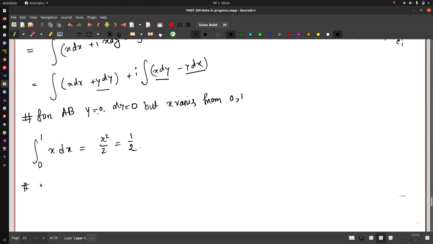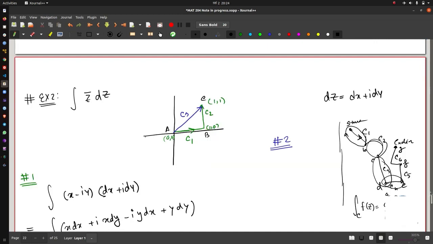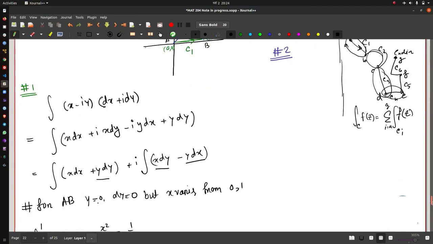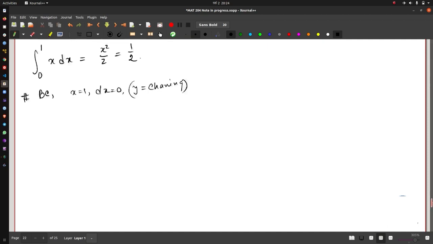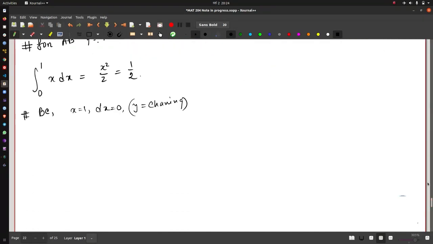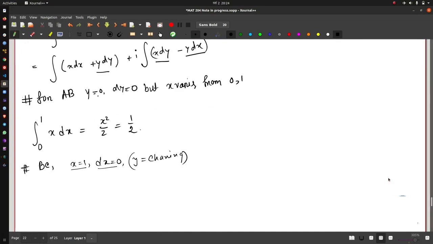Similarly, for B to C, you will see that this is a vertical line. The value of x is 1 along this vertical line, and it's not changing. The value of y is changing from 0 to 1. So for BC, you have x equals 1, dx equals 0, and y changing. That means we only have to integrate over y. So put x equals 1 and dx equals 0 in this equation.